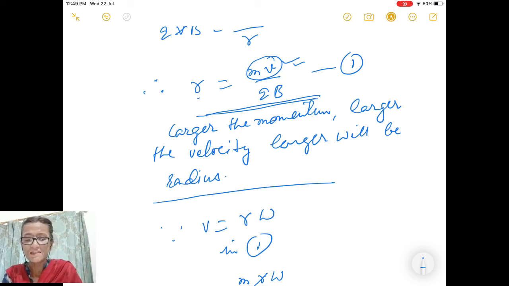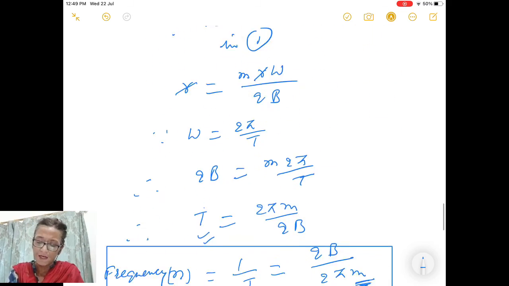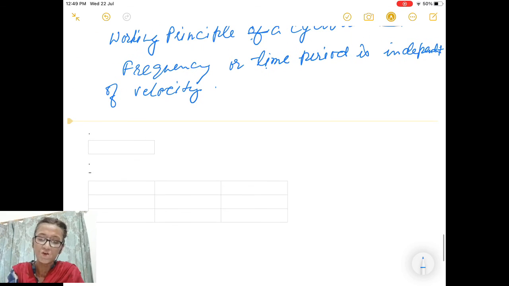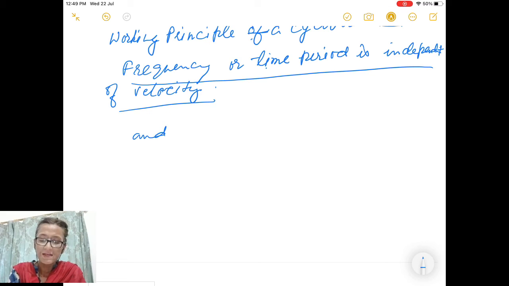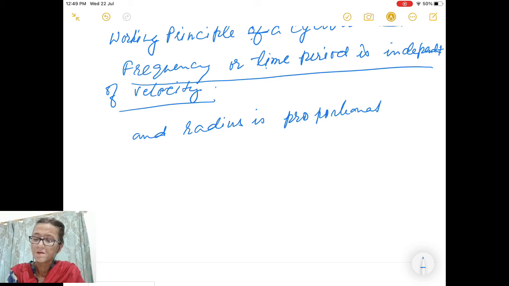If velocity is increased, the radius of the circular path will be increased. So this is the working principle: frequency or time period is independent of velocity, and radius is proportional to velocity.